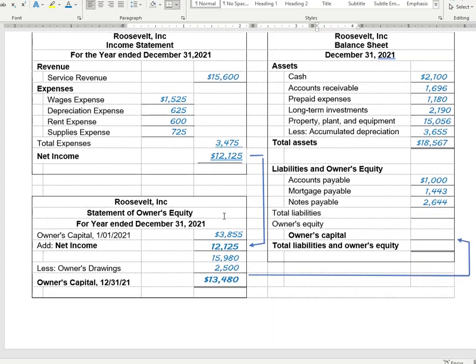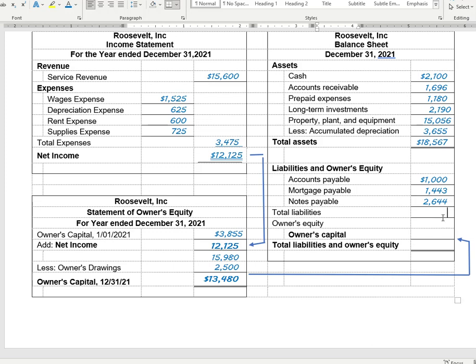So now I need to subtotal all of my liabilities, and I get $5,087. Okay, next we have our owner's capital, and our owner's capital comes from our owner's equity statement, $13,480.